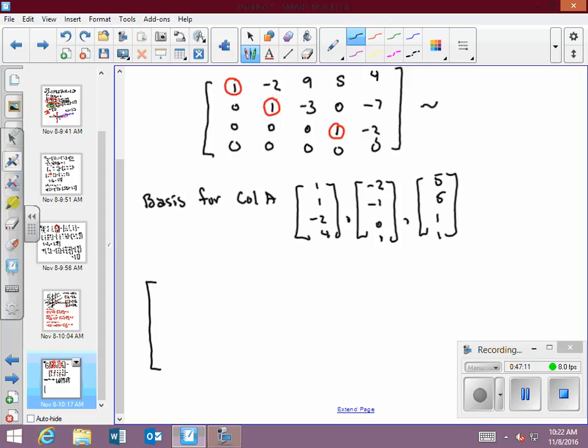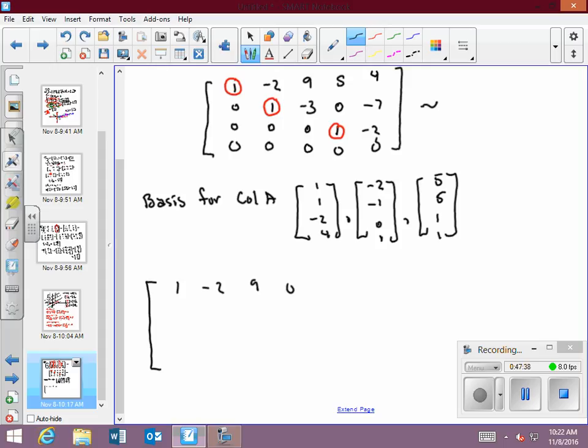So now I've got to go back up, and I'm going to take the third row and eliminate, put zeros above it. So that's 1, minus 2, 9, and that's a 5, isn't it? So I've got to multiply the third row by minus 5 to get a 0 here.